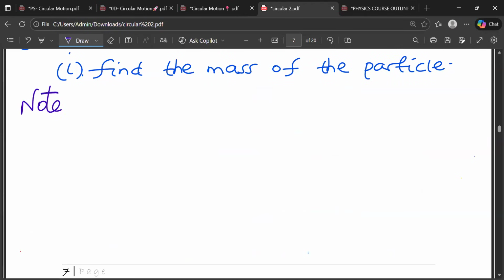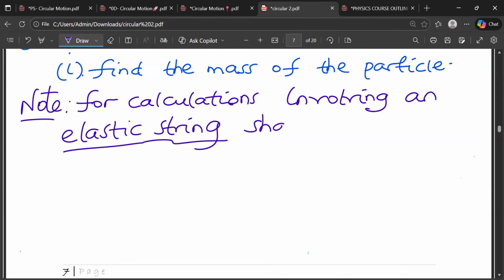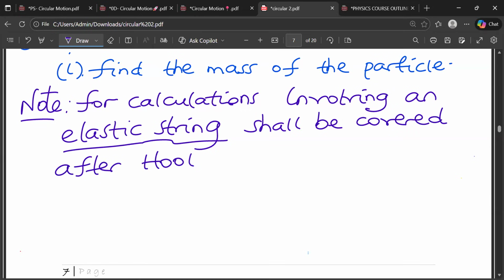Then note, calculations involving an elastic string shall be covered after Hooke's law of elasticity, that is under mechanical properties of matter, where elasticity is part.